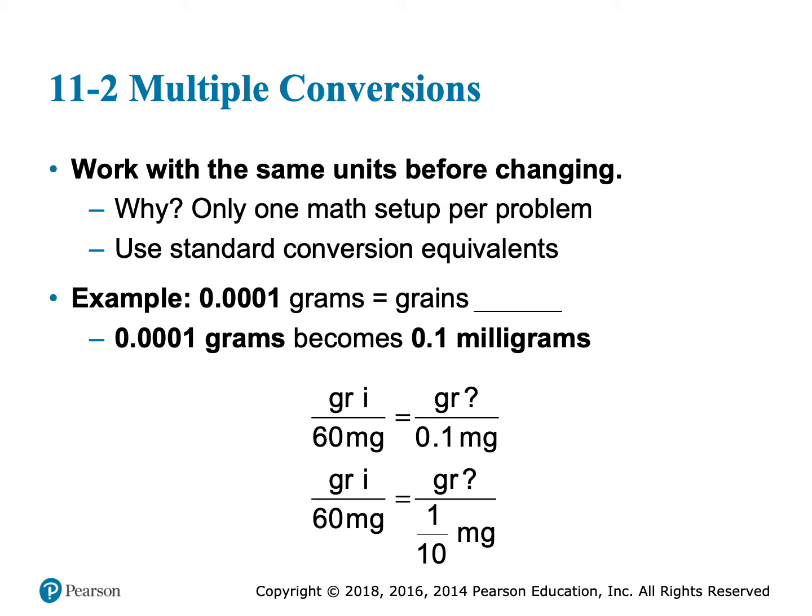So 0.1 milligrams becomes 1 over 10 milligrams, or 1/10 milligrams. Now, let's pause the video and work through this problem, and then we'll work through it on the next slide.